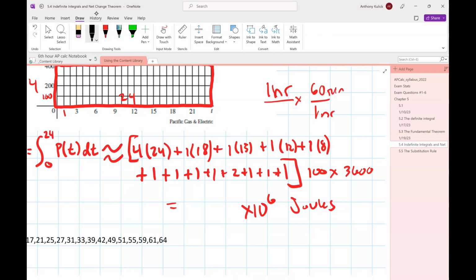Your properties of integrals: I can distribute an integral across addition, or pull a constant out front, or break a definite integral into pieces, or if I flip the bounds, it makes the integral negative. Again, you don't have to be able to write the property, but you have to be able to use it in context.